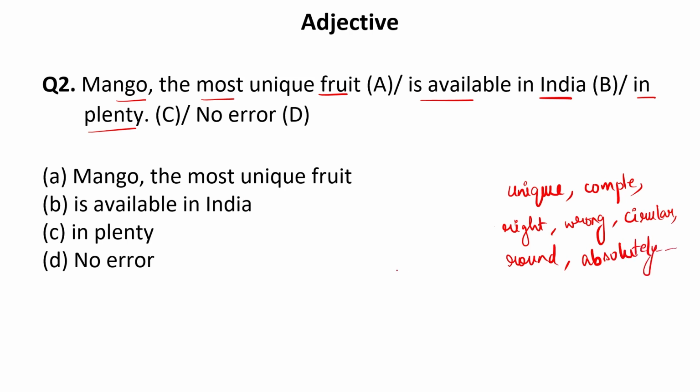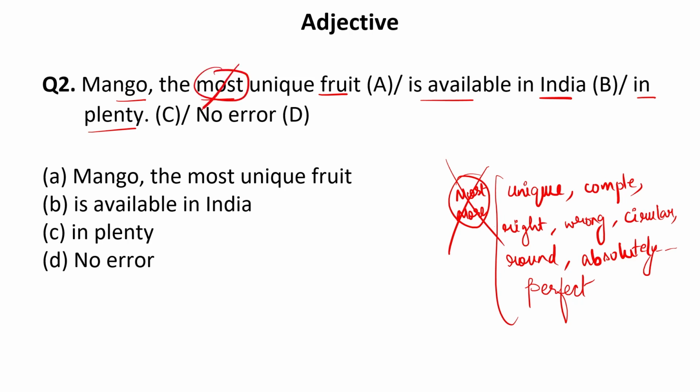So any of these words like perfect, which are complete in themselves, we do not use any such word like most or more before it, because these words are complete in themselves. We do not need any prefix before them. Therefore, this most word is incorrect before it, and the is also incorrect.